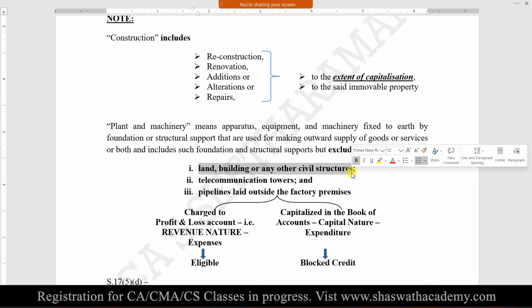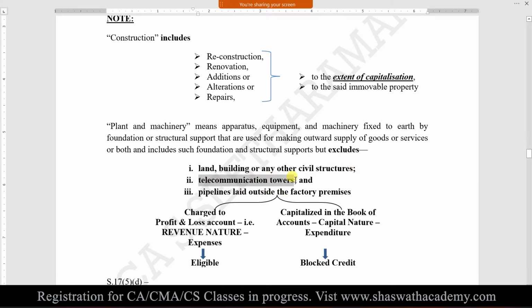And I am using the factory only for business purposes, therefore I should be eligible. Those are emotions. Keep them outside. Factory building is not covered under plant and machinery. Sometimes they will ask you, new factory building constructed, new staff quarters constructed. Blocked, not eligible.